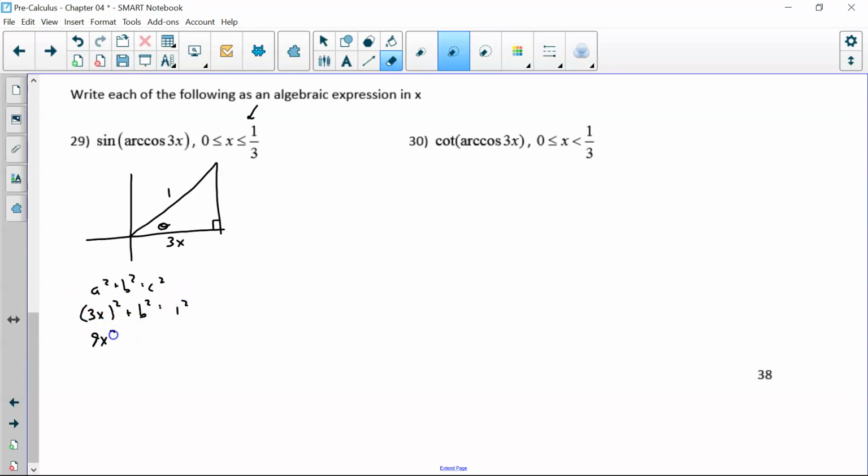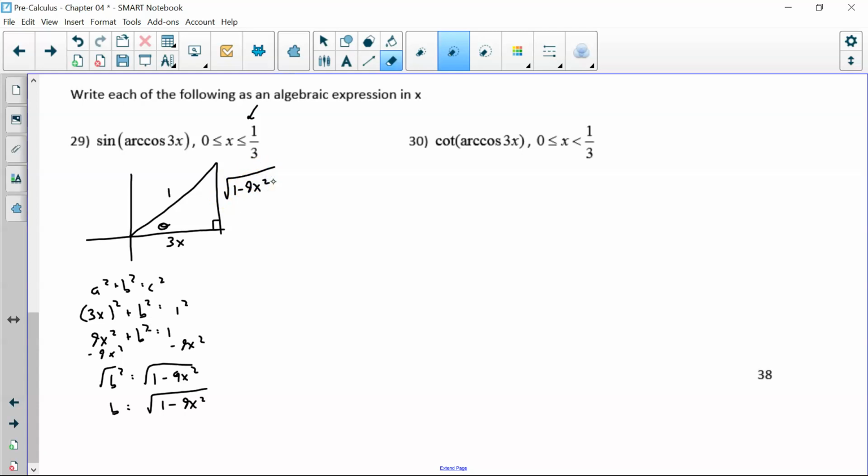So that's 9x squared plus b squared equals 1. Subtract 9x squared from both sides. B squared equals the quantity of 1 minus 9x squared. Take the square root of both sides. B equals the square root of 1 minus 9x squared. We're in quadrant 1. We're going to keep the positive angle.